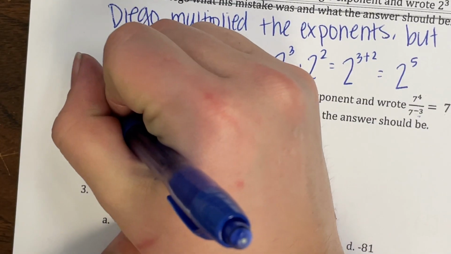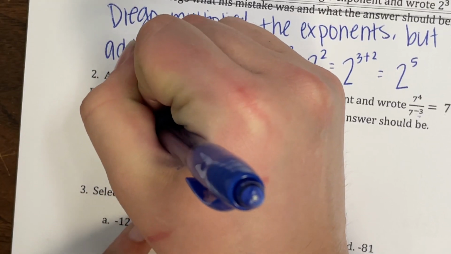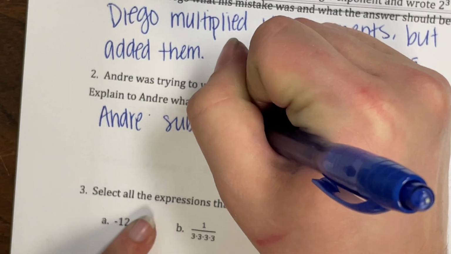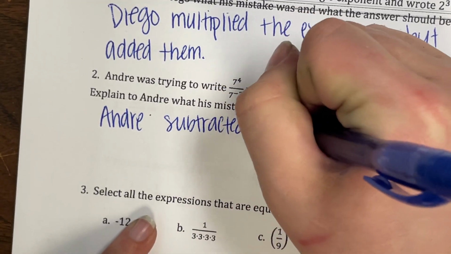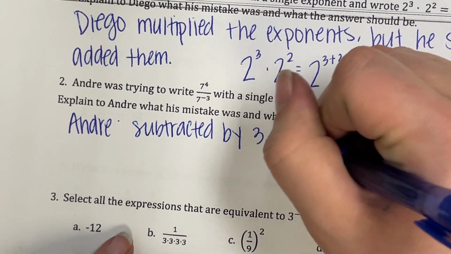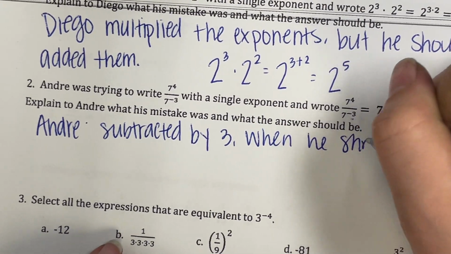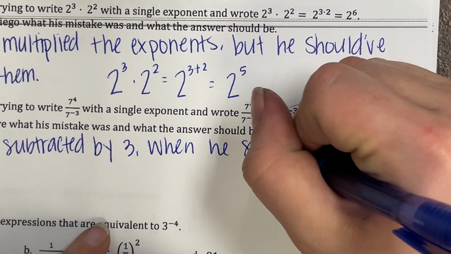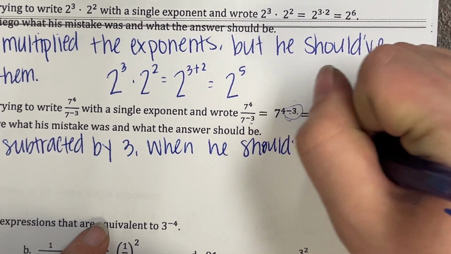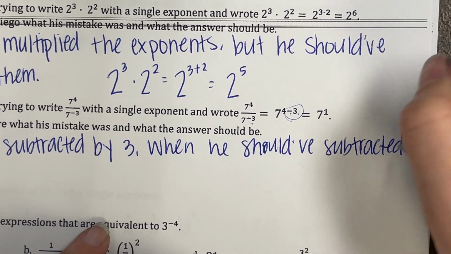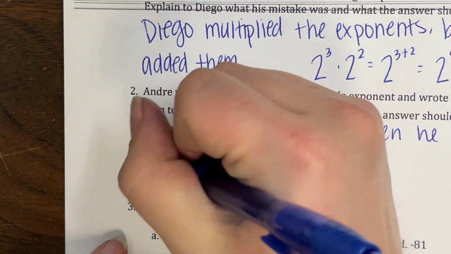So Andre subtracted by 3 when he should have subtracted by negative 3.